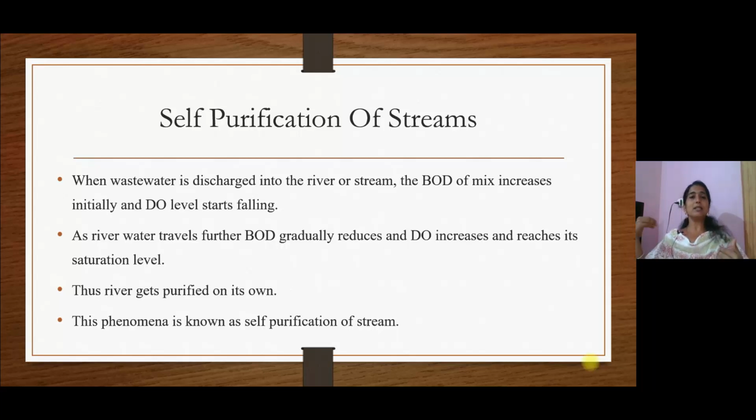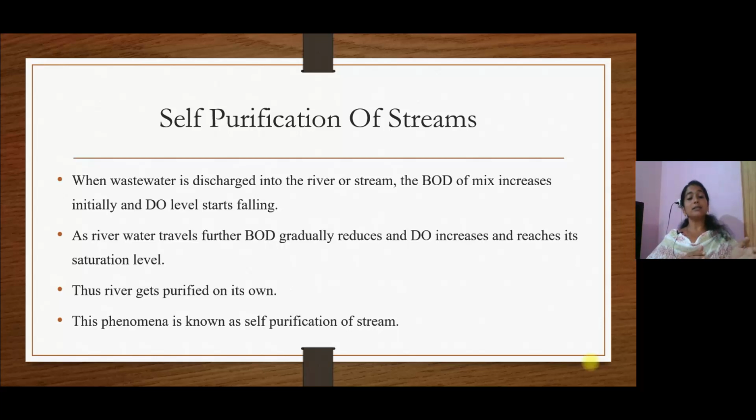During this travel, this wastewater gets mixed up with more amount of water, and this DO content will be regained by this river water due to dilution. And this self-purification will be different for different types of water bodies, and it will depend upon certain factors.